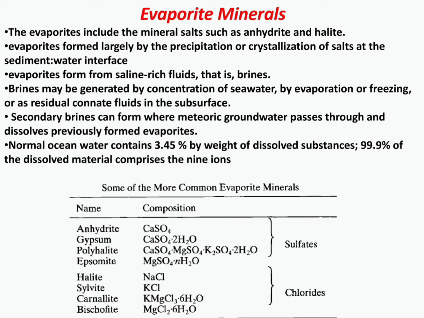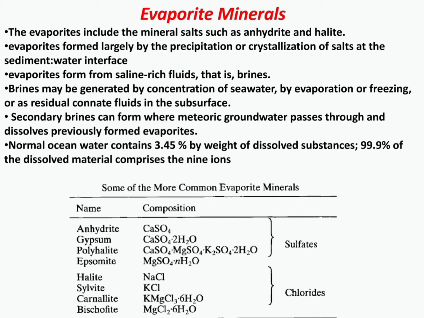Now let us discuss secondary brines. These brines can form when meteoric groundwater passes through and dissolves previously formed evaporites. So now you have evaporites, you have brines, and brines ultimately precipitate the salt.